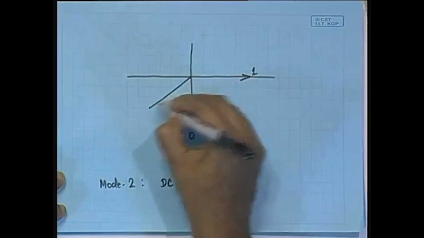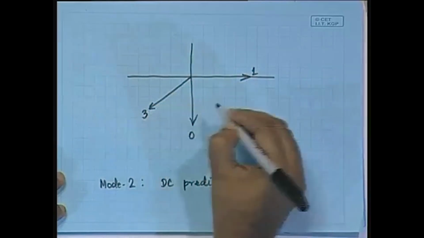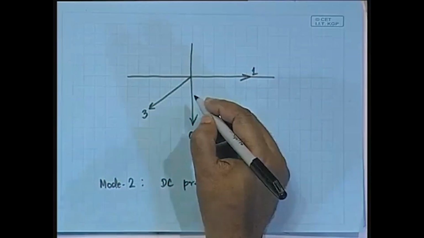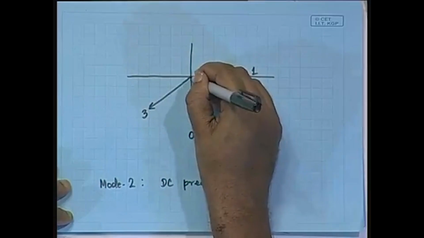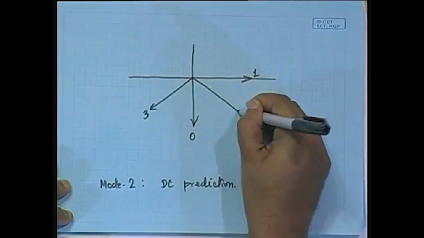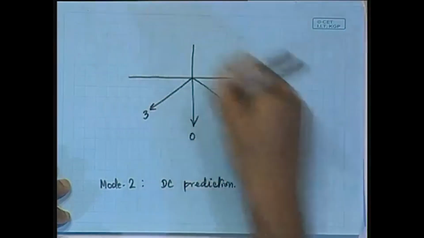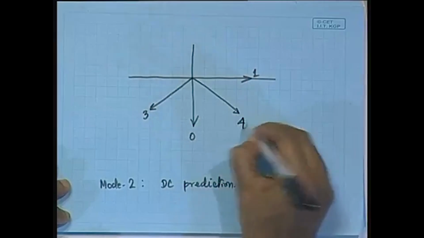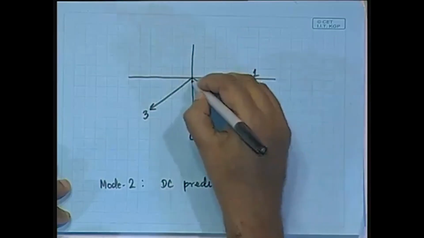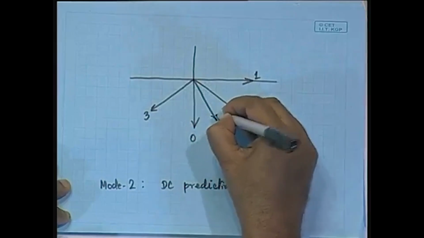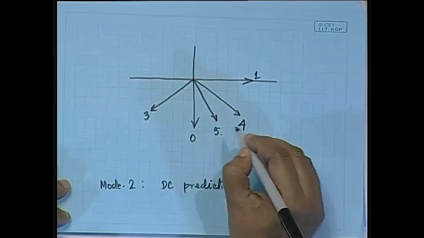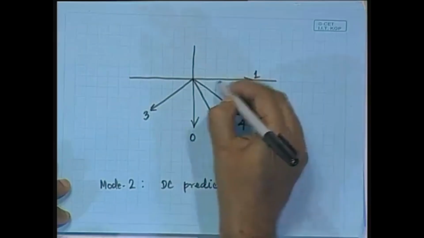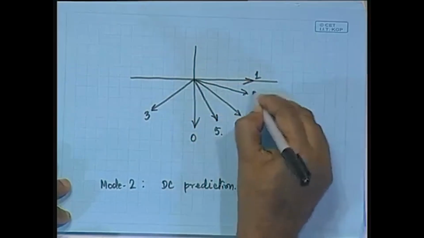Direction 3 is this one, propagating at 45 degrees. Direction 4 is this direction, predicting from this one. Direction 5 is in between direction 0 and 4. Direction 6 is in between 4 and 1.